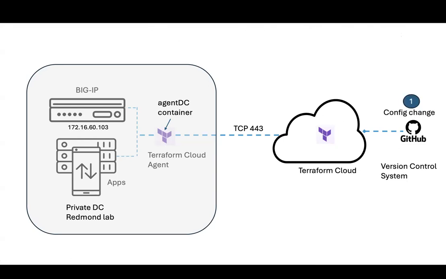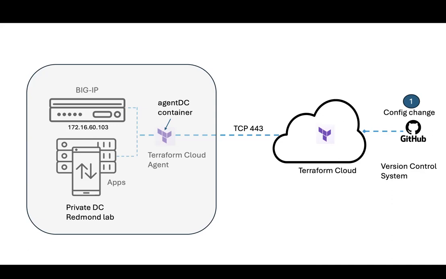Initially, let me explain the flow of the demo. On GitHub, we will make a config change. Let's say you want to change the configuration on the BIG-IP.